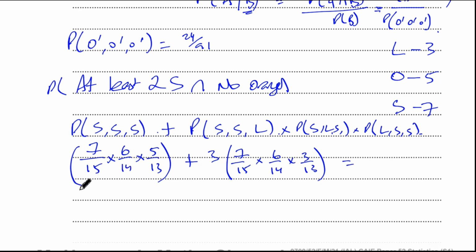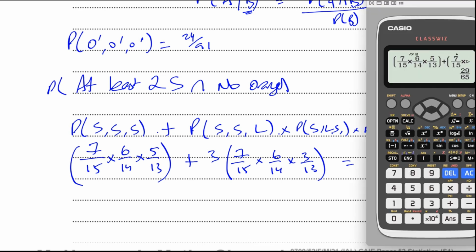So that's the outcome where there are 3 strawberries, and that's the outcome where there are 2 strawberries and 1 not strawberry, but because we're not considering oranges, it's 2 strawberries and a lemon. Now we're going to find the probability of that by putting it in the calculator. So you have 7 over 15 times 6 over 14 times 5 over 13.